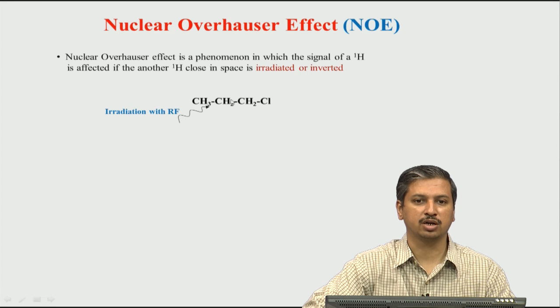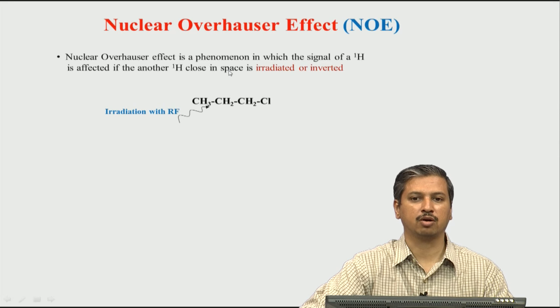The creation of this zero polarization affects the neighboring hydrogen, if it is dipolar coupled to this hydrogen. So the polarization of this one is affected by disturbing the polarization of that nucleus. Why is this so? This is because they are close in space and there is an interaction known as dipolar coupling.